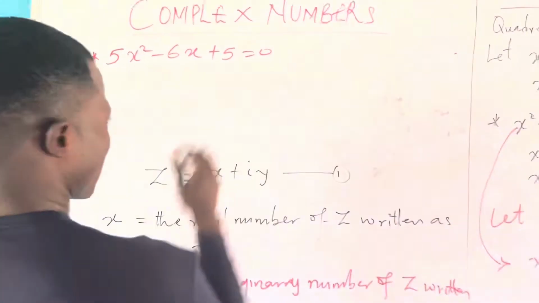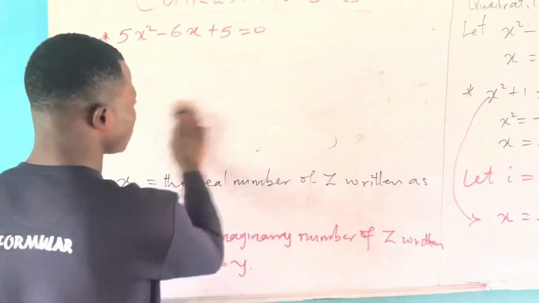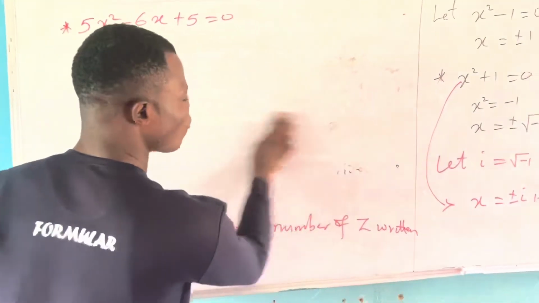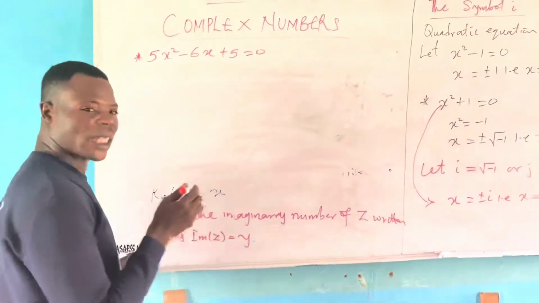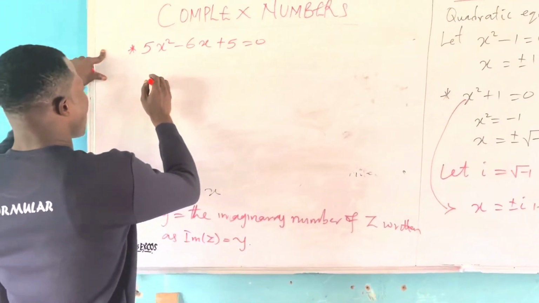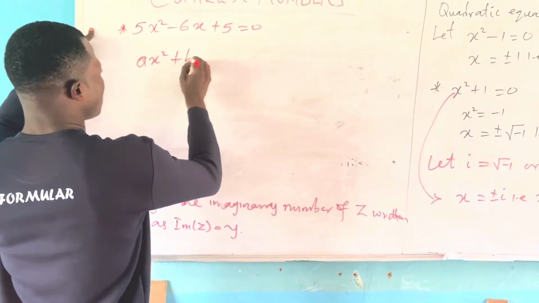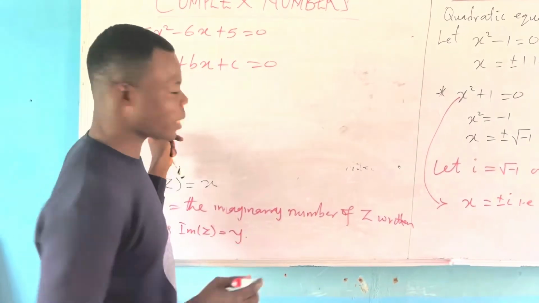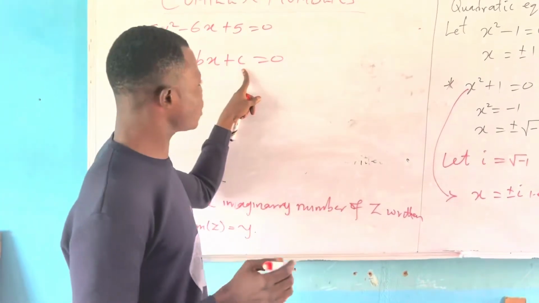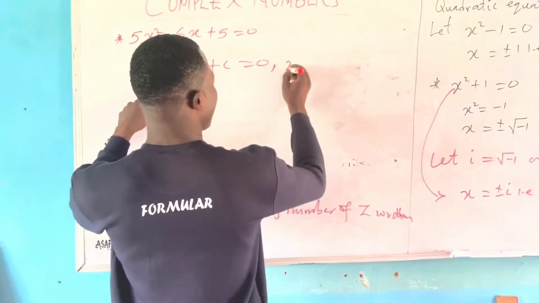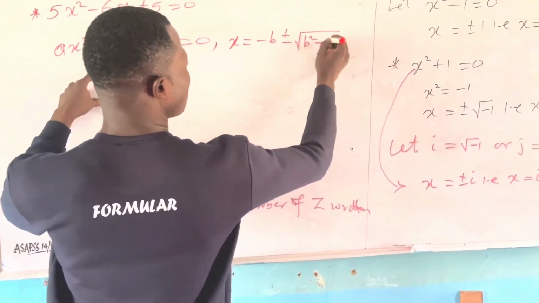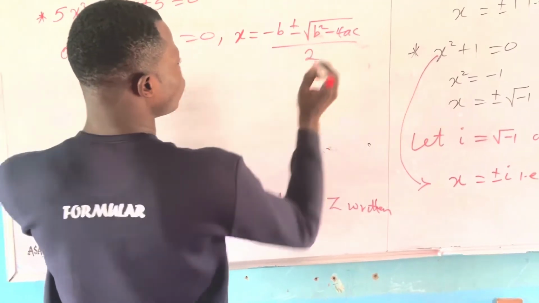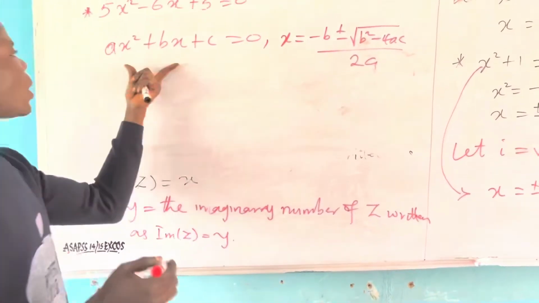This is a quadratic equation, and from our knowledge of quadratics, the quadratic form is written as ax squared plus bx plus c is equal to 0, right? And here, the solution for this quadratic equation is x equal to minus b plus or minus square root of b squared minus 4ac all over 2a.